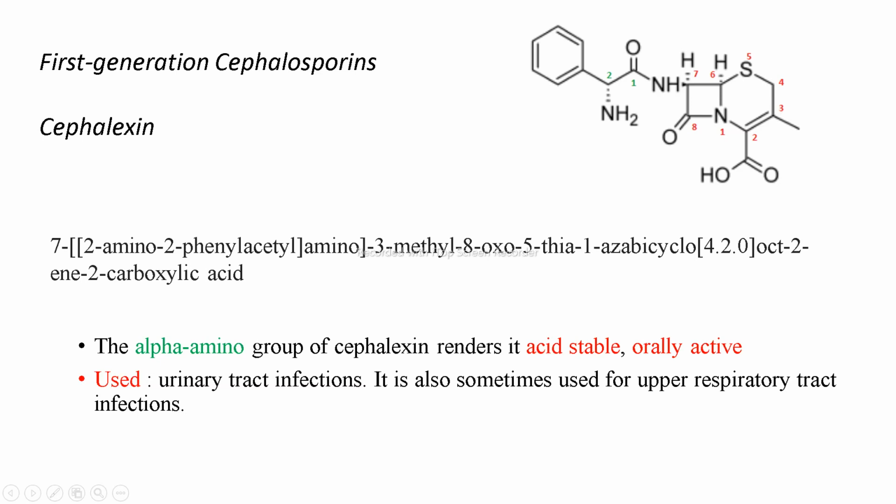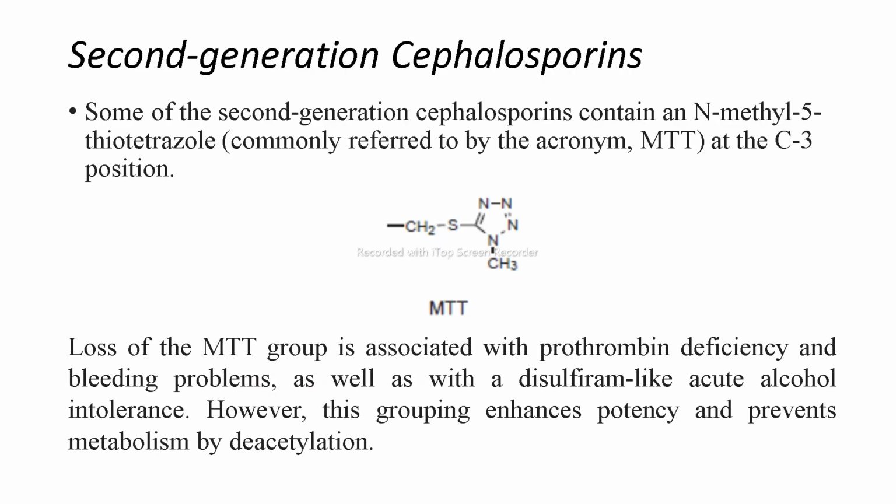Because it is acid stable, and hence it is given by the oral route because of this alpha amino group. So this is what about the cephalexin, which is the first generation cephalosporin. So there is only one drug, that is the cephalexin, in the first generation.